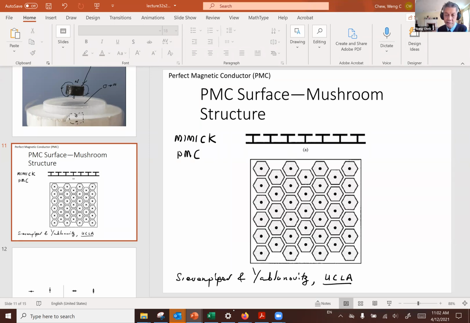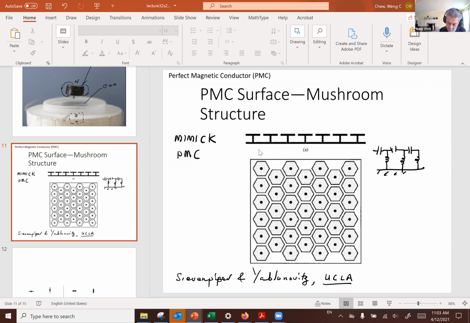Okay, so what you do is to make a mushroom structure. If you look at the mushroom structure, it consists of a capacitor cap followed by a stem, which is an inductor. So you can think of this as being very much like an LC tank circuit. There's a capacitor and then inductors, and this is the ground plane, and then you will have inductors and then capacitor and then inductors and so on.